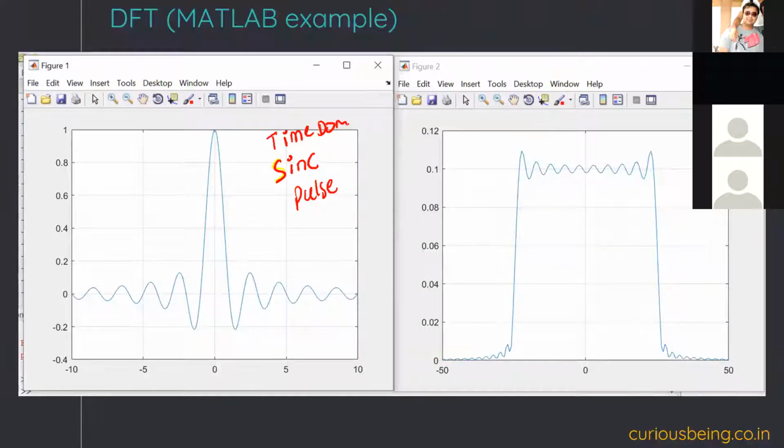We know that when we take the Fourier transform of a sync pulse, we get a rectangular pulse. This is the frequency domain rect pulse. But you may be noticing that this is not a perfect rectangular pulse. Can someone tell me the reason why?